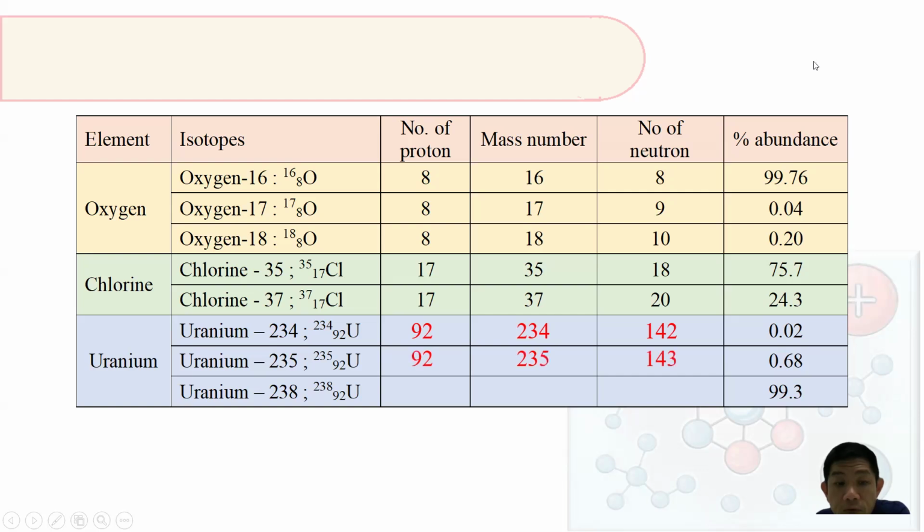As for uranium-235, you have proton number 92, mass number 235, therefore 143 neutrons. And uranium-238, which is the most stable, has 92 protons, mass number 238, and 146 neutrons.